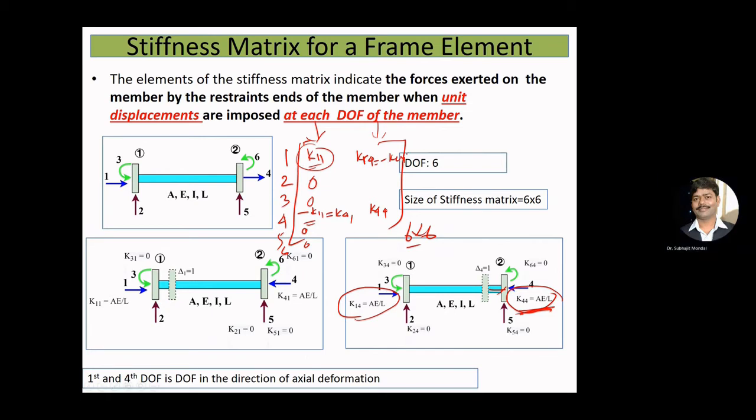Okay. Now here you can see we obtained the 1st column and the 4th column, that is corresponding to our axial degree of freedom. Now if you want to obtain the 2nd, 3rd, and your 5th and 6th degrees of freedom, then what do we do? We have to apply unit displacement or unit rotation corresponding to the degree of freedom to see what forces are developing, and that way we can obtain the stiffness matrix for the frame element.